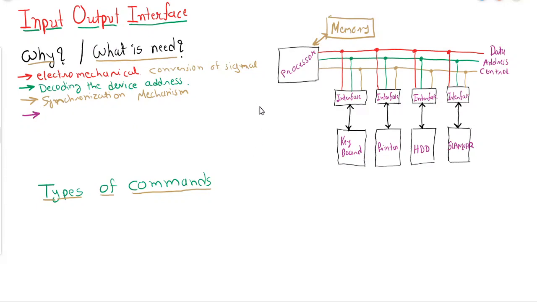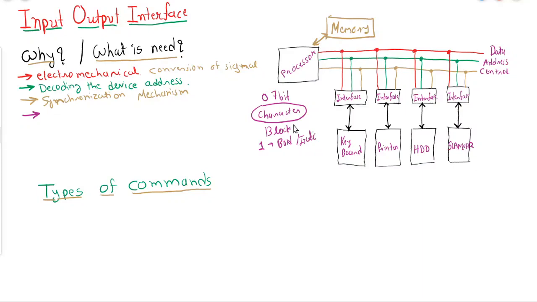Now, many devices are character oriented and many devices are block oriented. What is the meaning of character oriented? Character oriented means it will send or receive data in the form of characters, or you can say 8 bits. If you recall the fundamentals of ASCII, 7 bits are used. In many computers the remaining bit, the most significant bit, is 0, or in many cases it is 1 to specify other bold and italic characters.